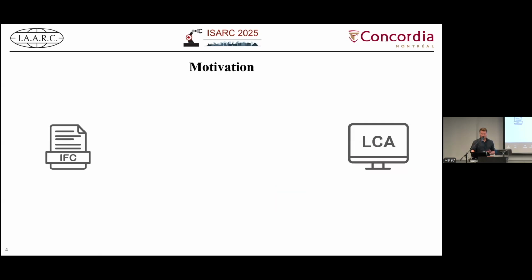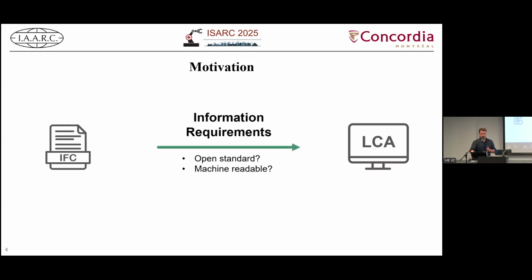When looking at it, on the one side, we often have an IFC model, a BIM model, and on the other side, we have the LCA software for lifecycle assessment. And as you see, there are information requirements the IFC model has to fulfill so that the LCA software can operate.